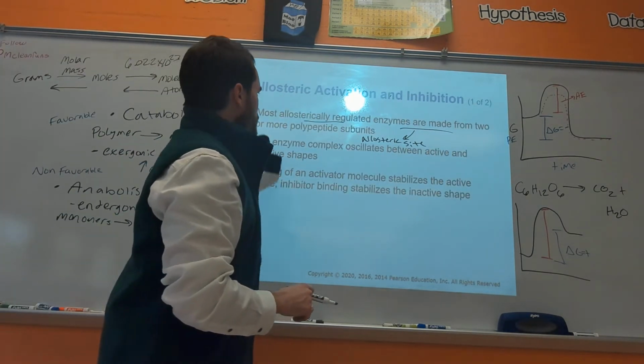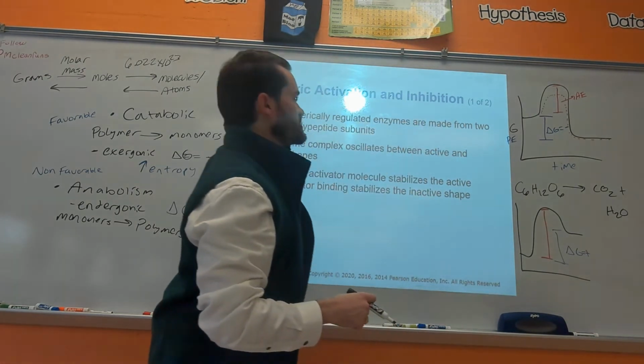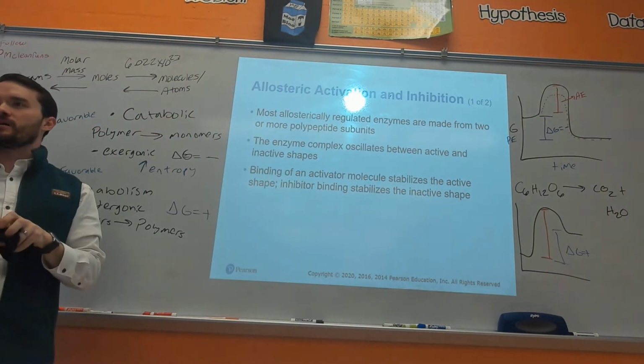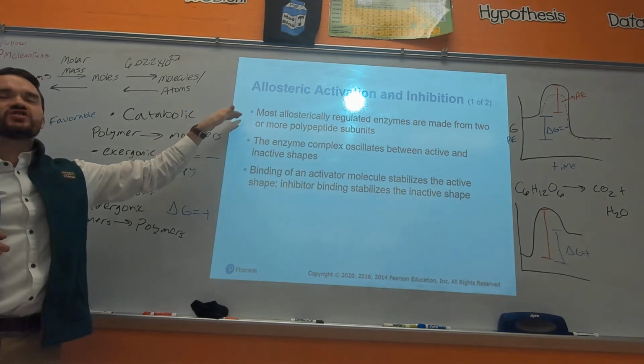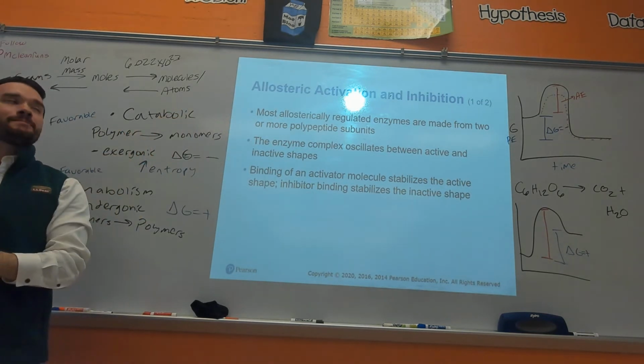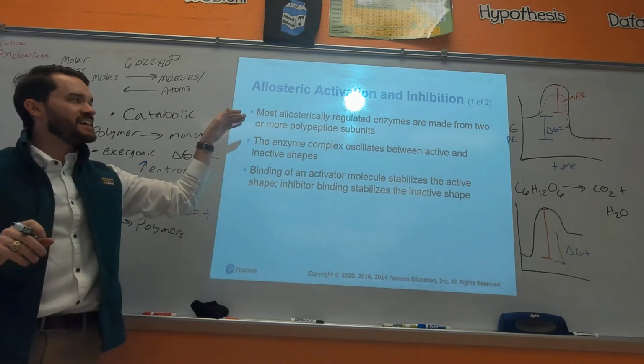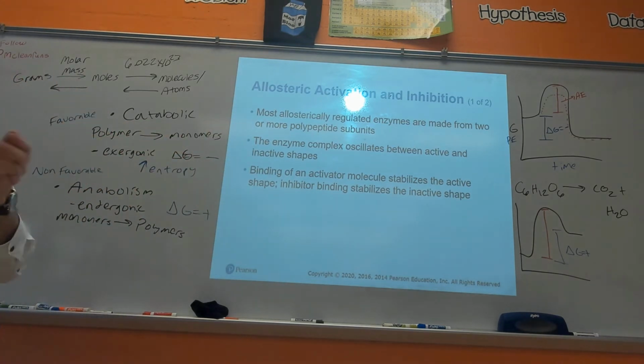All right. This first bullet point, that's what I was trying to show you where I was numbering the 4 different purple monsters. So usually allosteric regulation is going to happen when you have a complex of enzymes, enzymes that are made of multiple polypeptides.